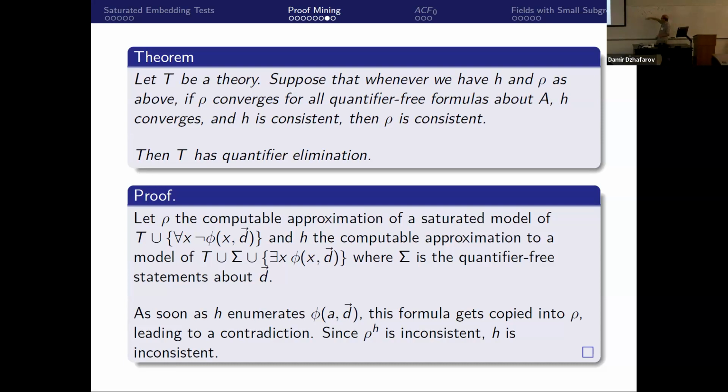H sees facts showing up about D and has to accept those, and then makes up stuff about A and copies them over. Rho has to be inconsistent, because H is forcing it to be, right? H is forcing phi of AD to hold, and rho is committed to phi of AD not holding, so rho is inconsistent. Our assumption is that that forces the inconsistency back to H, and that's actually enough to tell us that H is inconsistent, and we get the quantifier elimination.